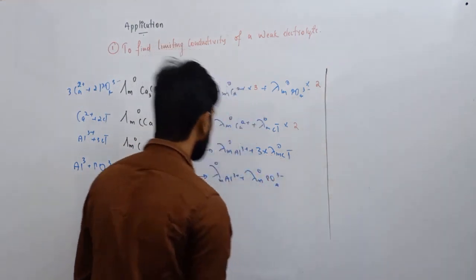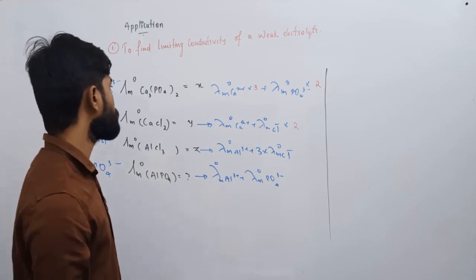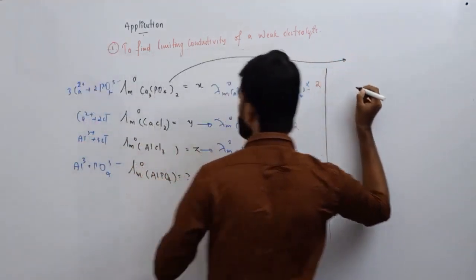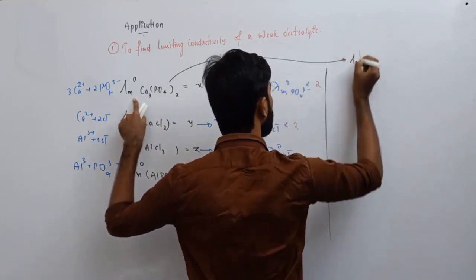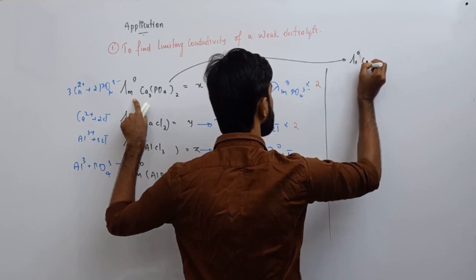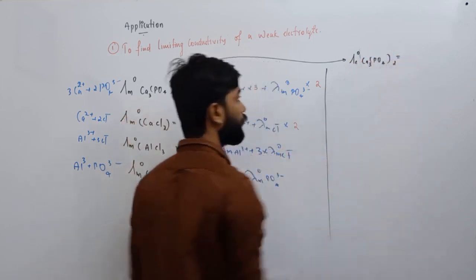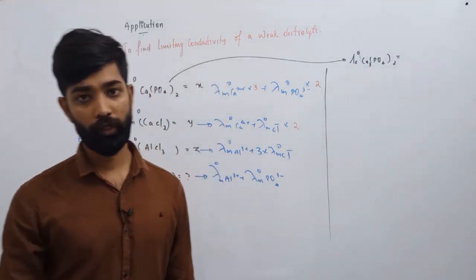So in this type of question, how can it be solved? You simply find the equivalent conductivity of each electrolyte. What is the difference between equivalent conductivity and molar conductivity?